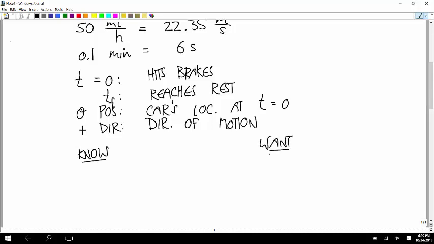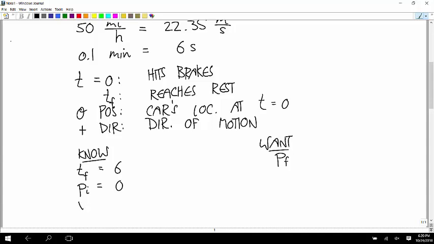Okay, so time final we know is 6 seconds. The acceleration we don't know. It's not asking for it though. The initial position is 0. The final position is what we're trying to find.